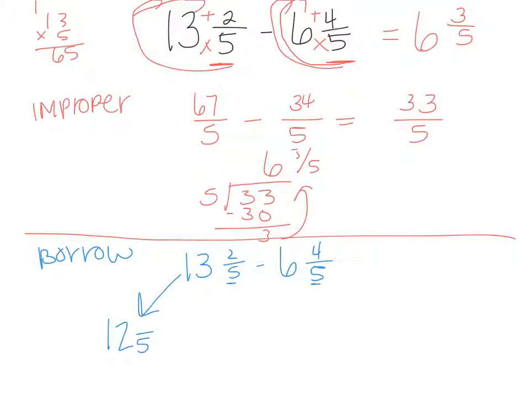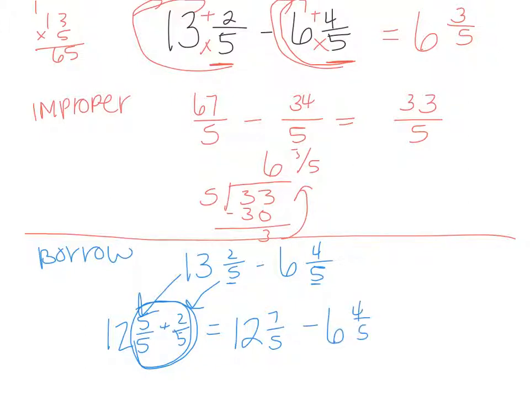So I can rename this as 12 5/5. But it wasn't just 13, it was 13 2/5. So I'm going to combine the two fractions right here. So instead of 13 2/5, I can name this 12, 5 plus 2 is 7 fifths, minus 6 4/5.